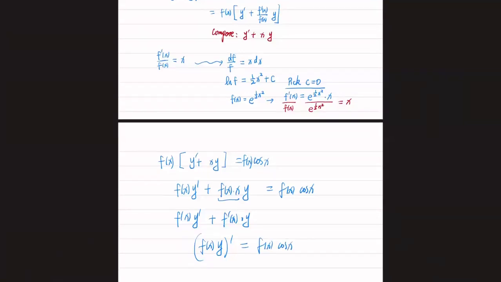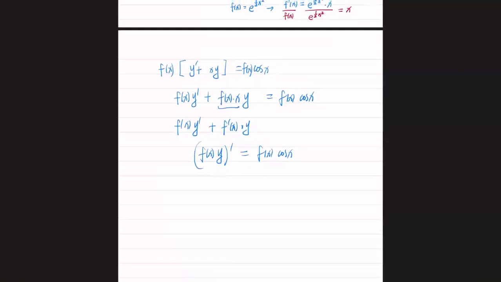Now we are ready to apply the fundamental theorem. f of x y equals the integral, so the solution is 1 over f of x times the integral of f of x cosine x dx.